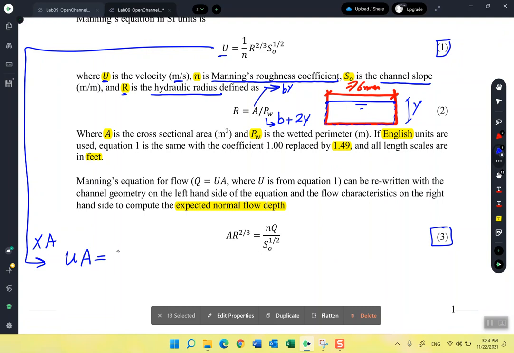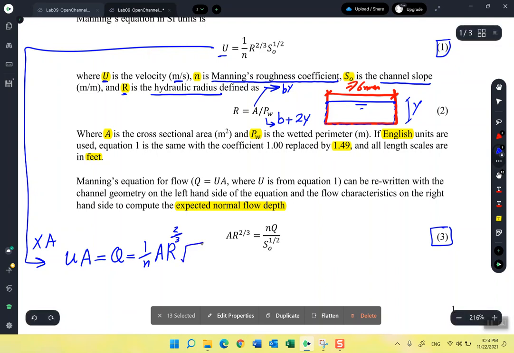Q, exactly, will equal 1 over n, area, R to the power 2 over 3. I just prefer to write it as the square root of S naught.